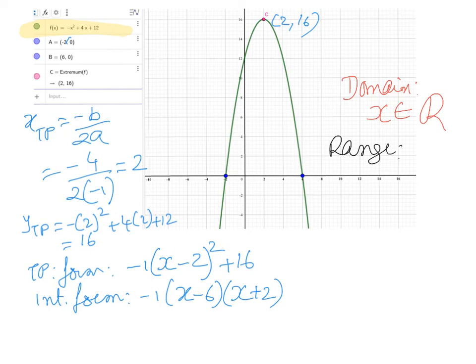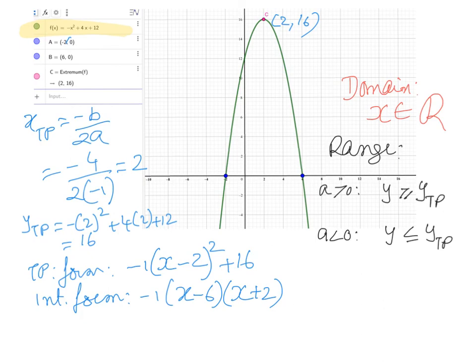For the range, we have to look at the shape of the graph. If a is greater than 0, then y is greater than or equal to the y turning point. If a is less than 0, y is less than or equal to the y turning point.